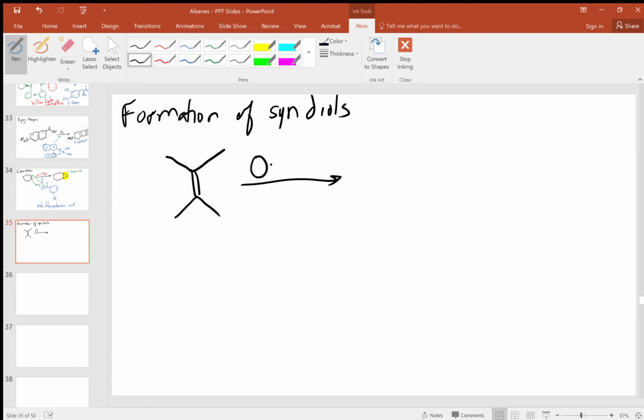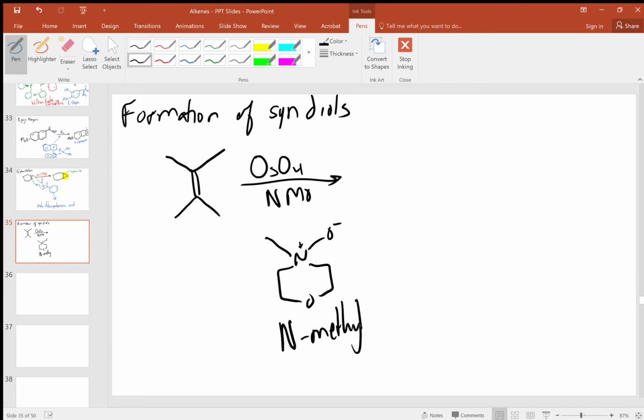Now, the most common way to do this reaction is to use a reagent known as osmium tetroxide with NMO. The NMO, which I'm going to draw here, this stands for N-methylmorpholine N-oxide.